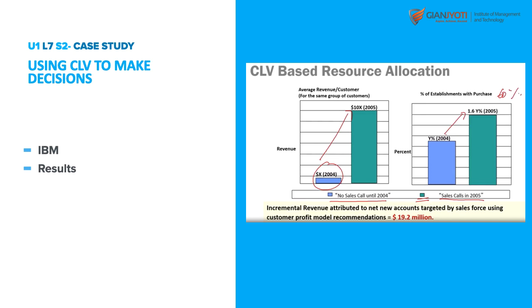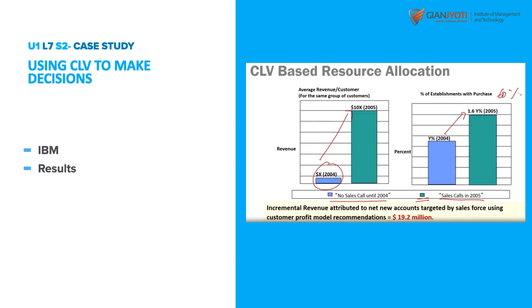The incremental revenue attributed to new accounts targeted by the sales force using the model that was recommended was 19.2 million. So these are the actual figures. And in terms of the percentage of establishments with purchase, the establishments who purchased the enterprise product, it increased by 60%.